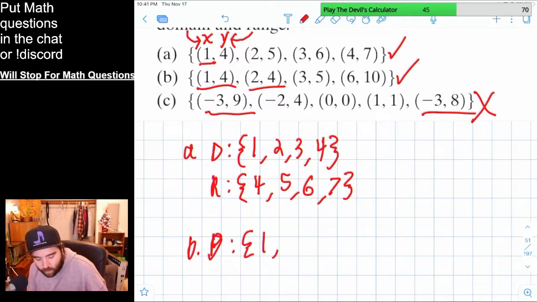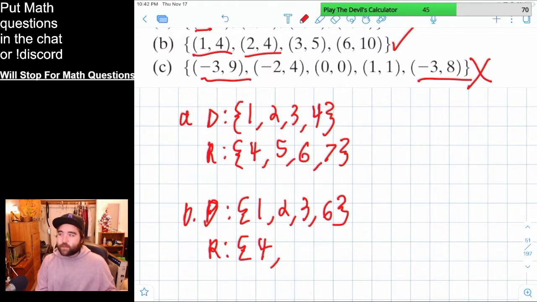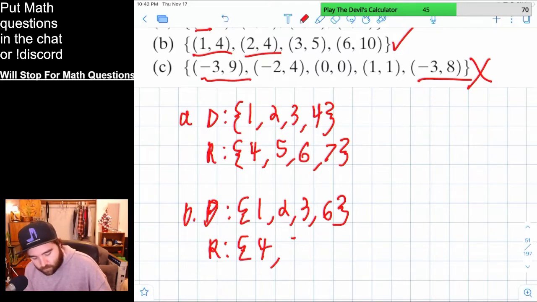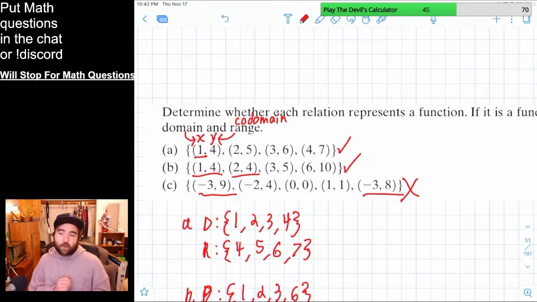We put in 1, 2, 3, and 6. And what came out, so the range, was 4. 4 came out twice, but if we're listing the range, we don't need to do it again. So 4, 5, and 10. That's our range. So that's extremely important, and we're going to be talking about that a lot more this section. The domain is what goes in. The range is what comes out.